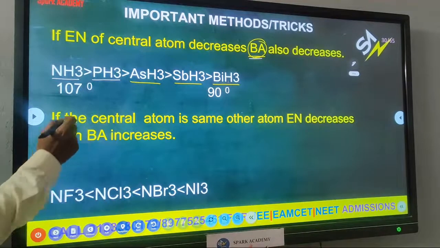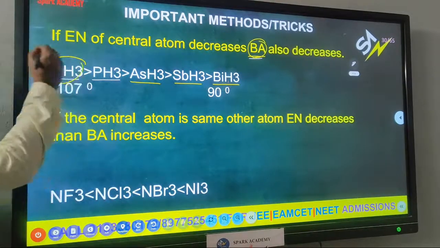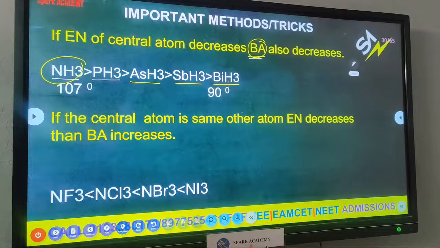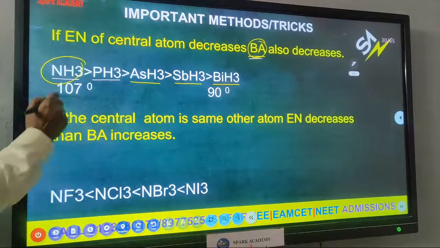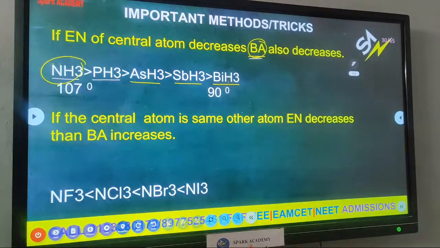What is the bond angle in NH3? The NH3 bond angle is 107. NH3 has sp3 hybridization, so the bond angle should be 109 degrees 28 minutes, but due to the lone pair the bond angle decreases.